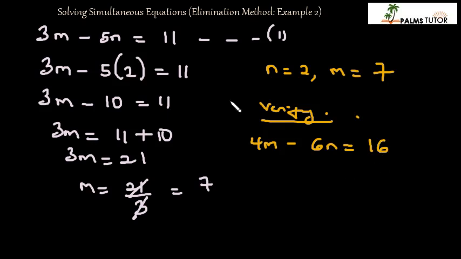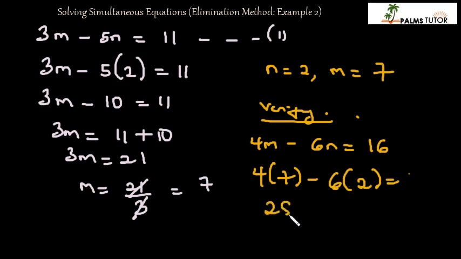You can easily go back to your workings and check if you are wrong, if this does not equal 16. So 4m, m is 7, so 4 into bracket 7, n is 2, 6 into bracket 2, equals what? Let's see. This is 28, 7 multiplied by 4 is 28, minus 12. 28 minus 12 equals 16. You can see you are right and you can okay your working.